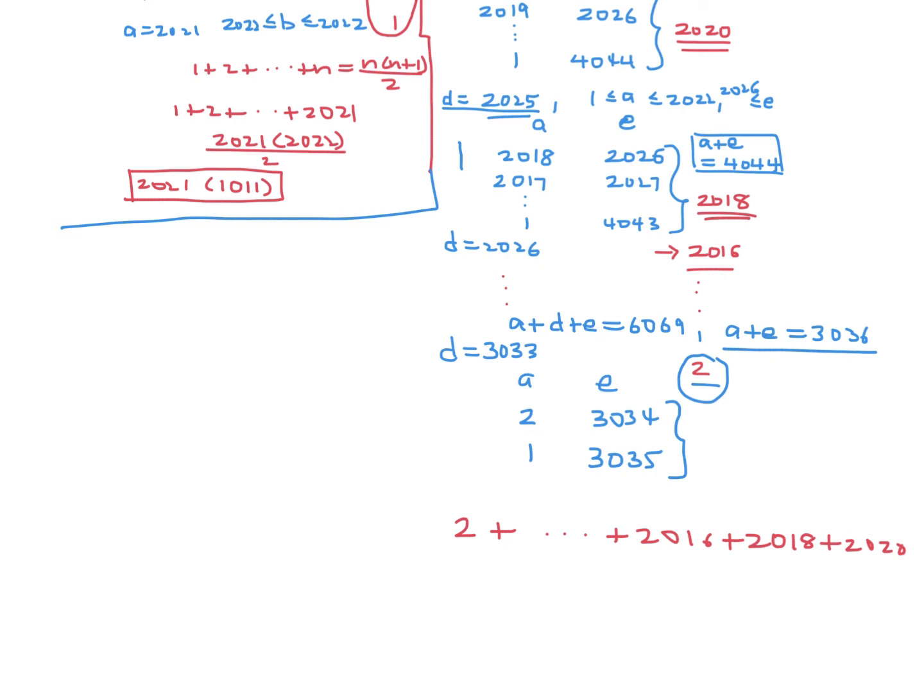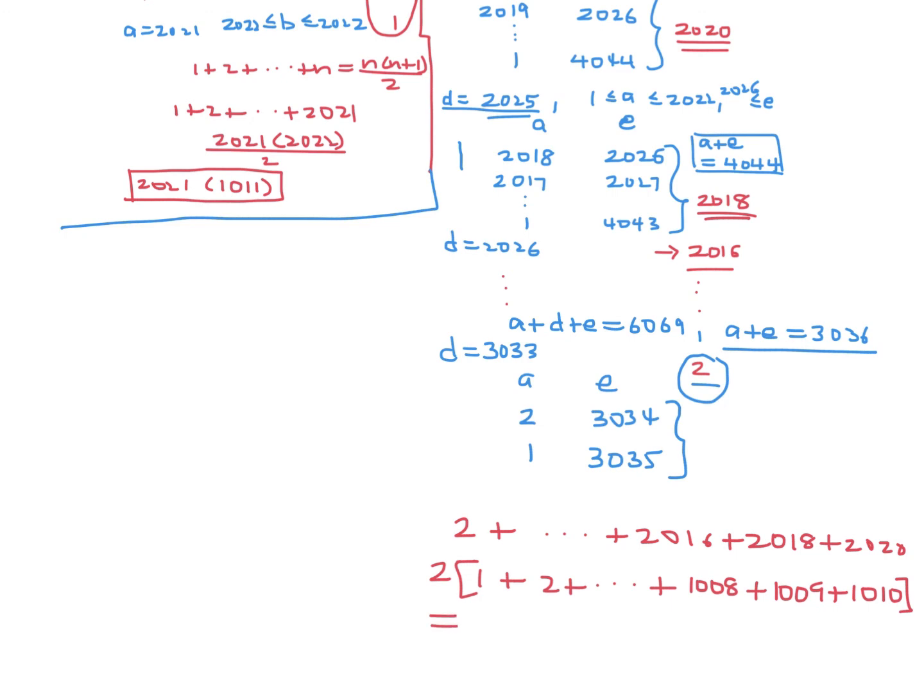Now, how you would add this up is you'd factor out a 2, and if you do that, this is always going up by 2s, like 2, 4, 6, 8. So when we factor out the 2, it becomes 1 plus 2 plus 3, all the way up to 1008, I believe, and then 1009, and then 1010, like that.